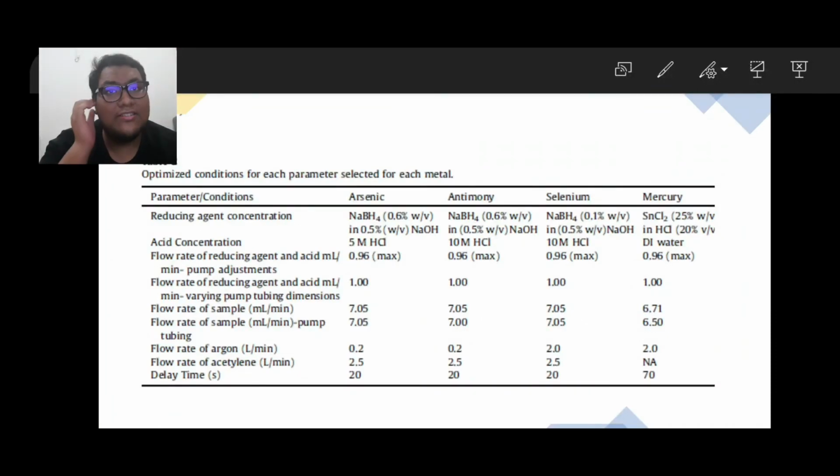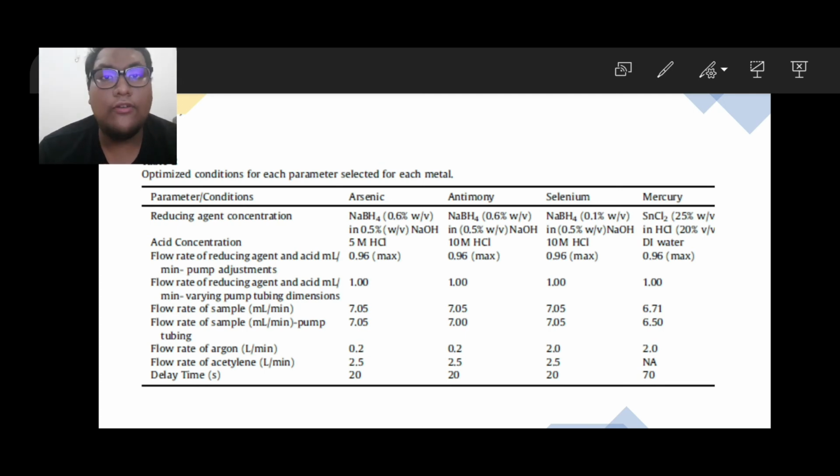Next, for the discussion, we know that the reductant concentration had an important influence on signal intensity because it affects the hydride generation process, which converts the oxidation state of the element to the most stable lower oxidation state.